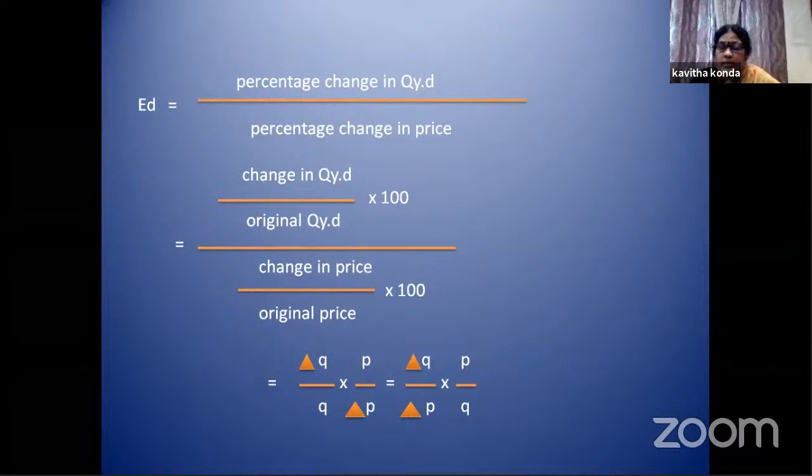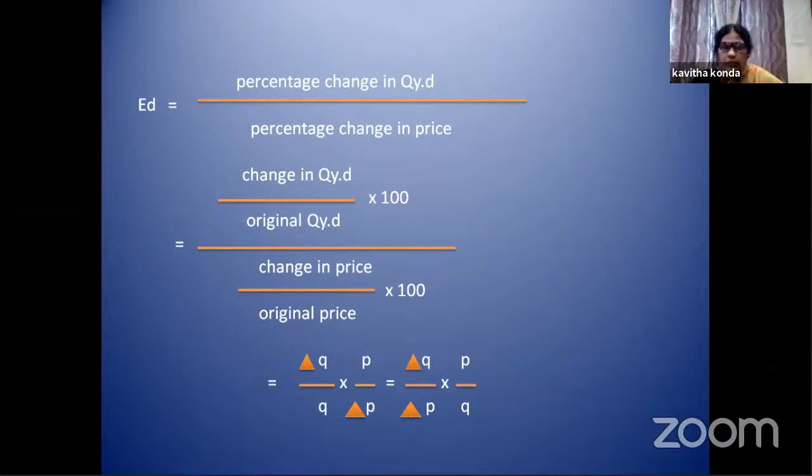This equals delta Q by delta P into P by Q, that is, the change in the quantity demanded by the change in the price, into price by quantity demanded. P and Q mean the original price and the original quantity; delta P and delta Q mean the change in the price and the change in the quantity. So this is the formula to measure the elasticity of demand.